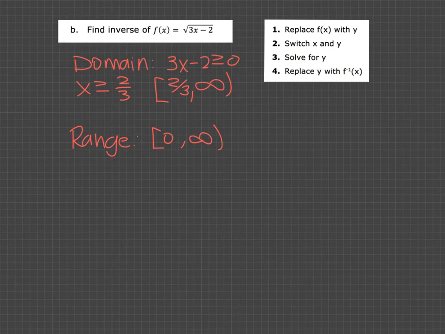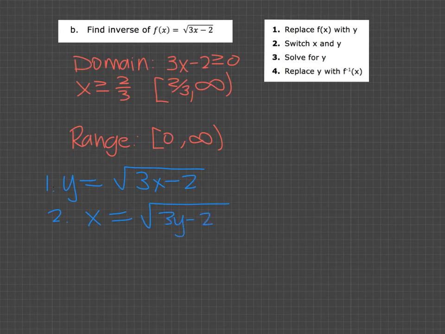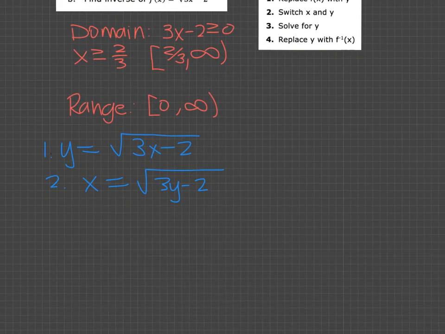So our first step is where we're just going to do that notation change, y equals square root of 3x minus 2. And now we solve for y. Or no, I'm sorry, we switch x and y. So we get x equals square root of 3y minus 2. And now is where we solve for y. To get y out of the square root, we need to square both sides.